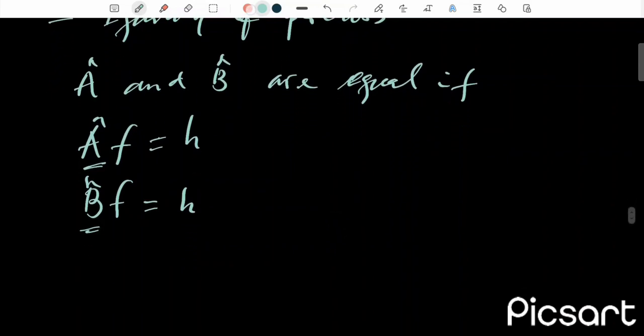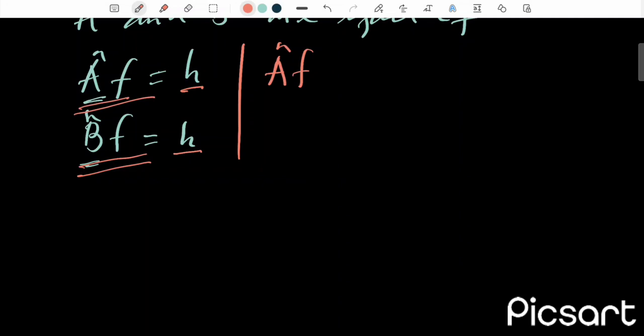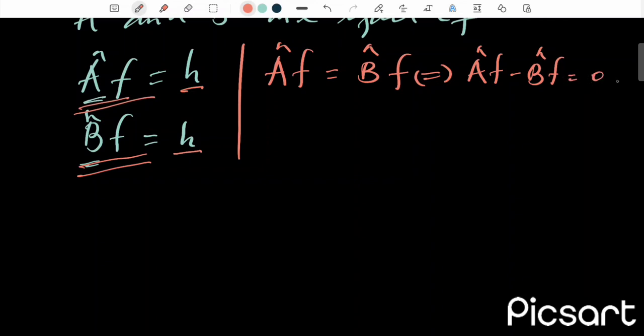We can show this, for example, if we can show that A is equal to B. If h is equal to h, then these terms are equal, and we have A applied on f equal to B applied on f, so that we have A applied on f minus B applied on f equal to 0.